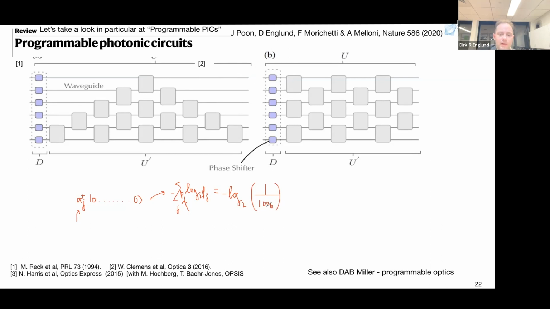So it's log base 2 of 1,000, and the minus sign goes in there, and this is about 10. This is the DARPA program that wanted about 10 bits of information encoded on every photon. These photons are quantum states, so you can represent many qubits in just one photon if you use a large basis.